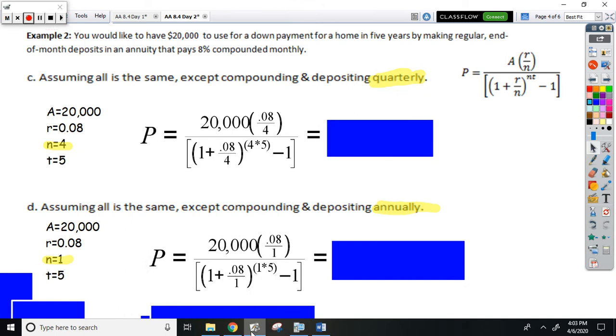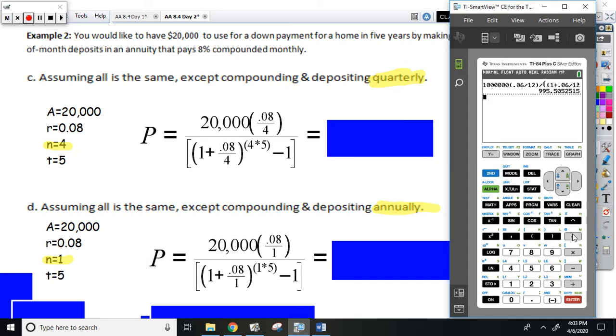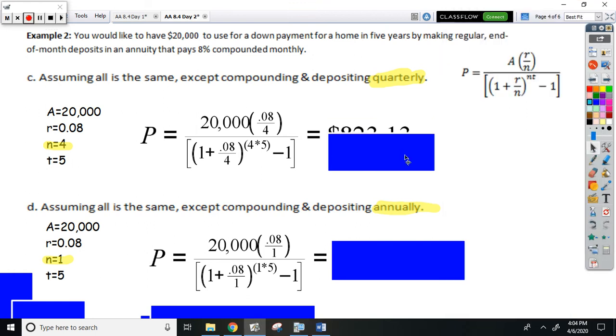So remember our shortcut on the calculator. For that part C, we should get $823.13.